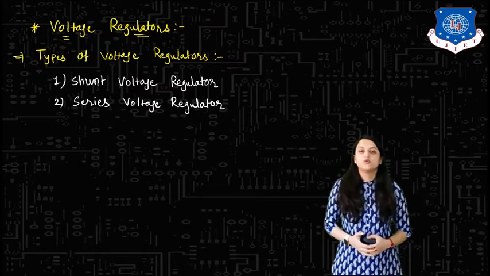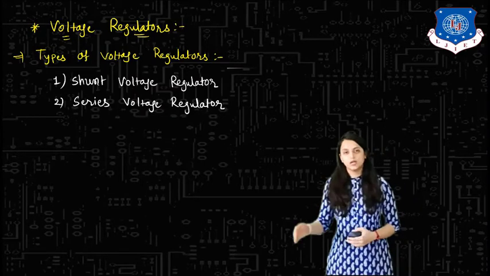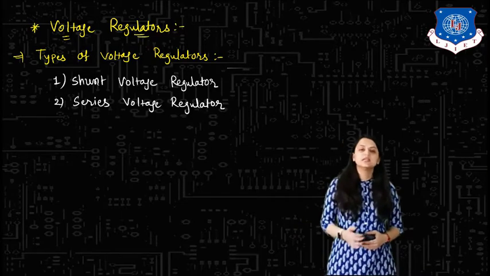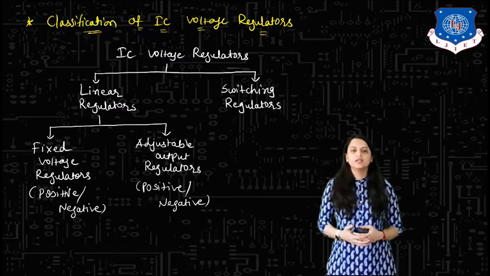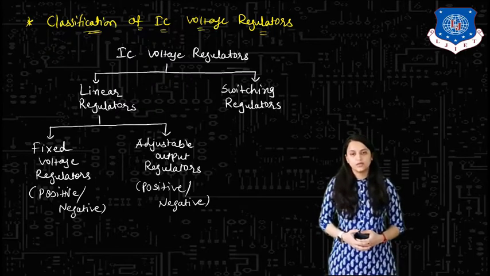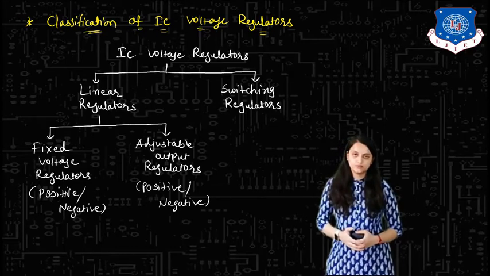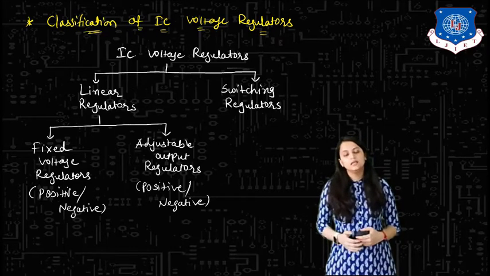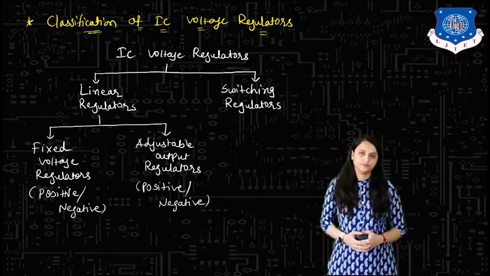Now next is voltage regulators. There are two types of voltage regulators: shunt voltage regulator and series voltage regulator. If we look at the classifications of IC voltage regulators, there are two types. First one is linear regulators and the second one is switching regulators.